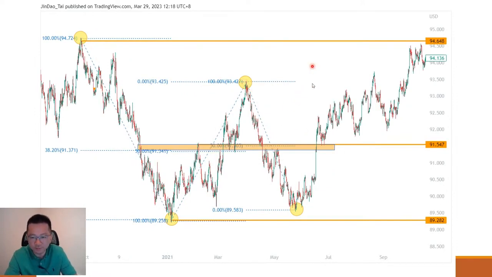Assuming we didn't see any of this from before, price breaks above your 50% retracement level. As it breaks above that, you go, okay, I have this level, 91.55. It's broken above. It was this confluence level.